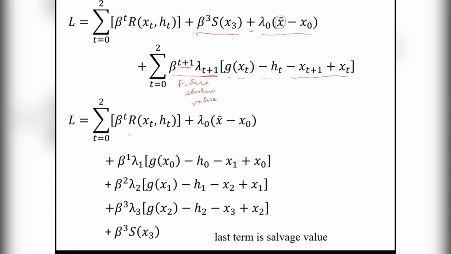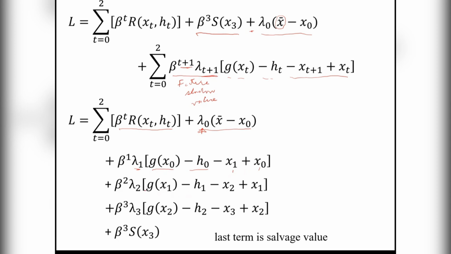So we can rewrite this in its entirety as the discounted revenues plus the constraint of how many animals we have in the first period, plus a discount 1 over 1 plus r times this lambda 1. So lambda 0 is a particular Lagrange multiplier, lambda 1 is another Lagrange multiplier, and then we look at the growth in the stock in the first period minus what we harvest in that period, and that gives us the change from period 0 to period 1.